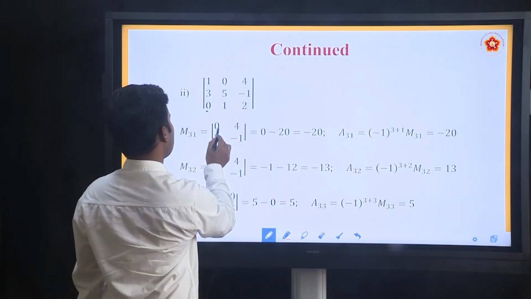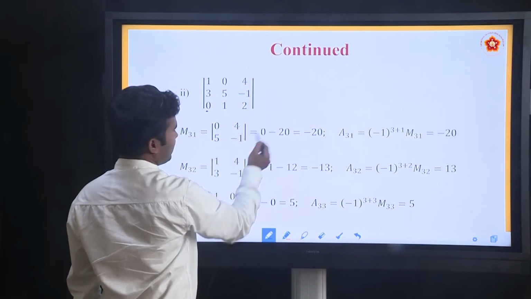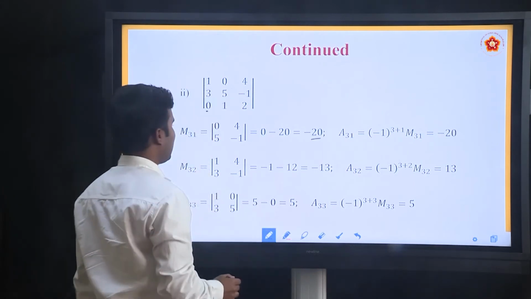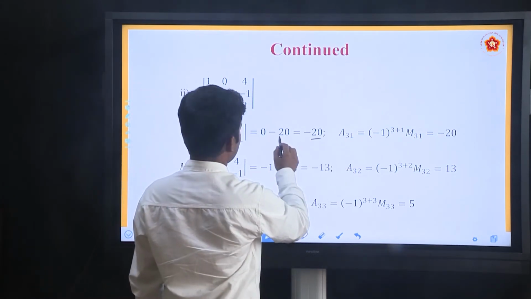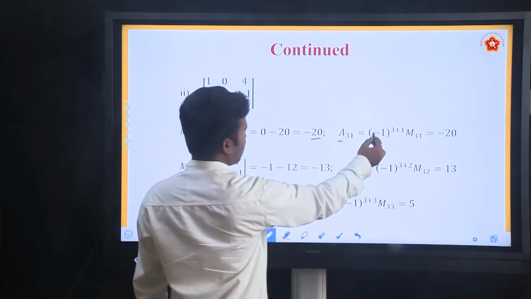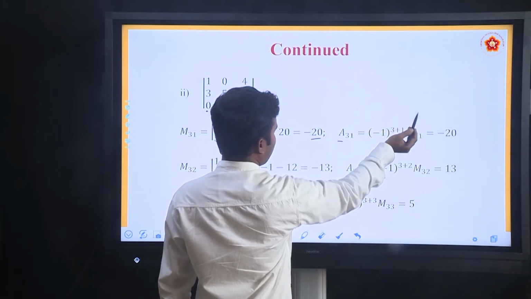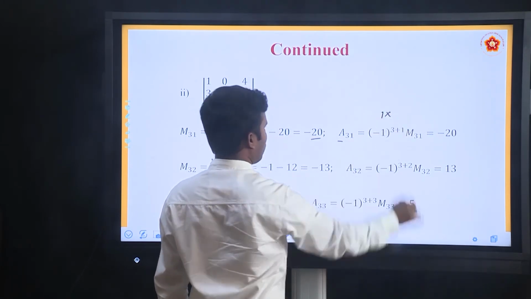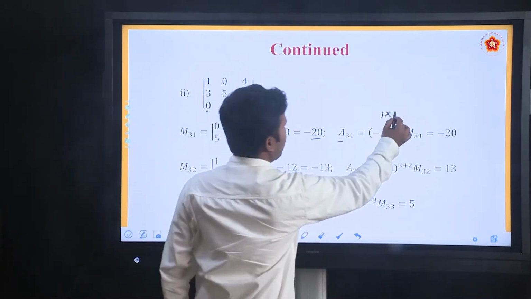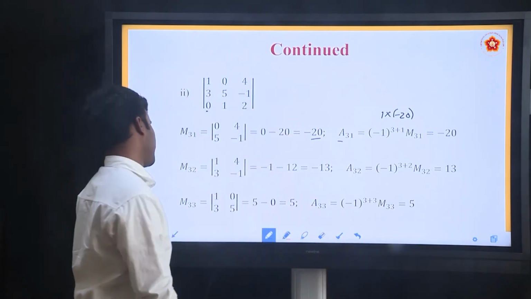The determinant: 0 into minus 1 is 0, 4 into 5 is 20, 0 minus 20 is minus 20, so M31 is minus 20. Similarly, we can find the cofactor, which is minus 1 to the power 3 plus 1, which is 1, into M31. M31 is minus 20, so 1 into minus 20 is minus 20.